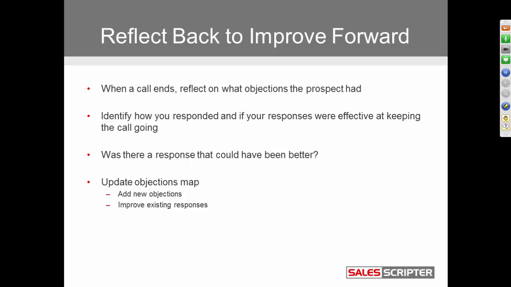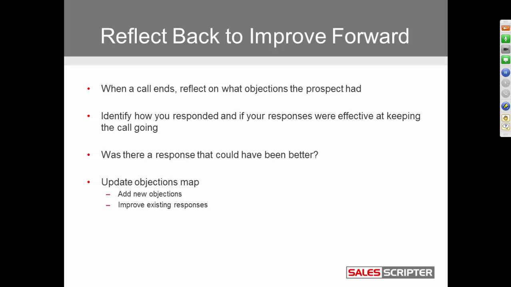If you responded the way that you planned on responding, think about, did it work as well as it should have? Should we start to consider another approach, another response? And if the objection you faced was not on your objections map, you might want to think, okay, is that something I'm going to have to face again? Let me get it on the objections map. So this is how you drive continuous improvement.